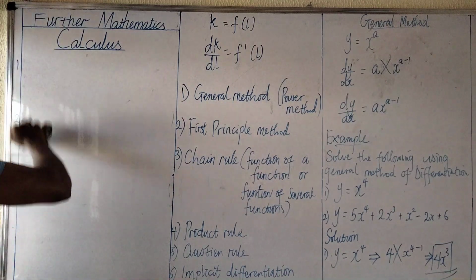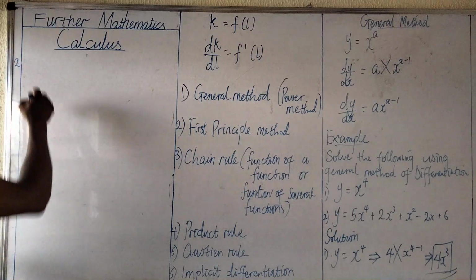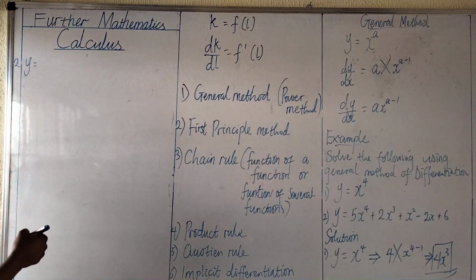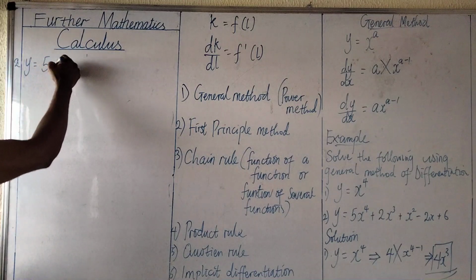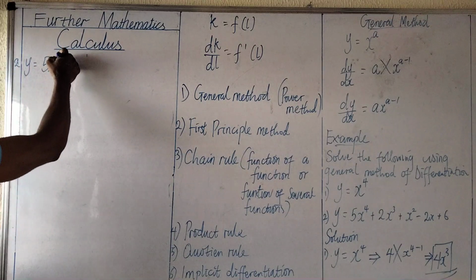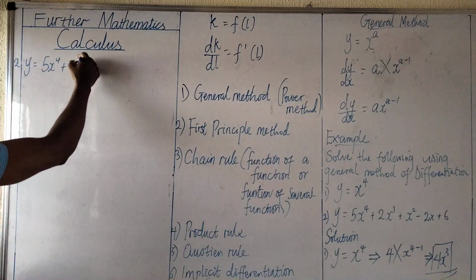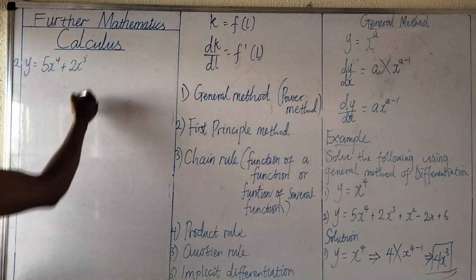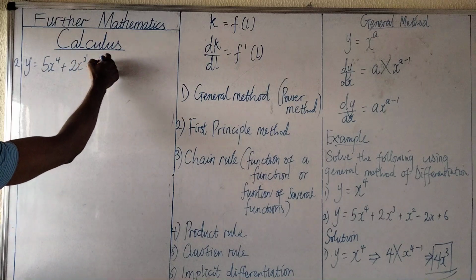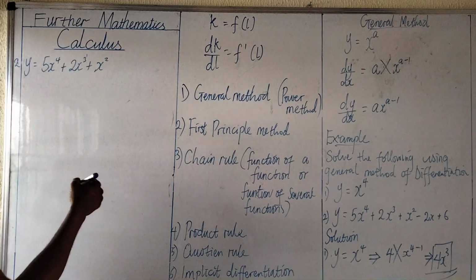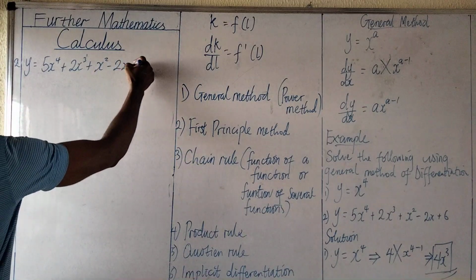Okay, for number 2, we have a polynomial function which says y is equal to 5x raised to the power 4 plus 2x raised to the power 3, x raised to the power 2 minus 2x plus 6.